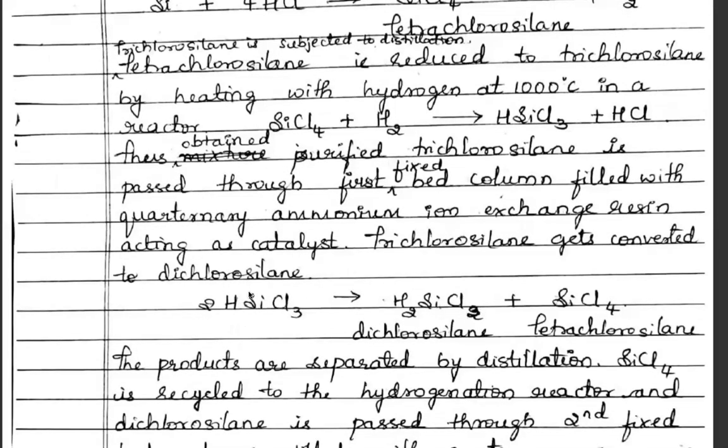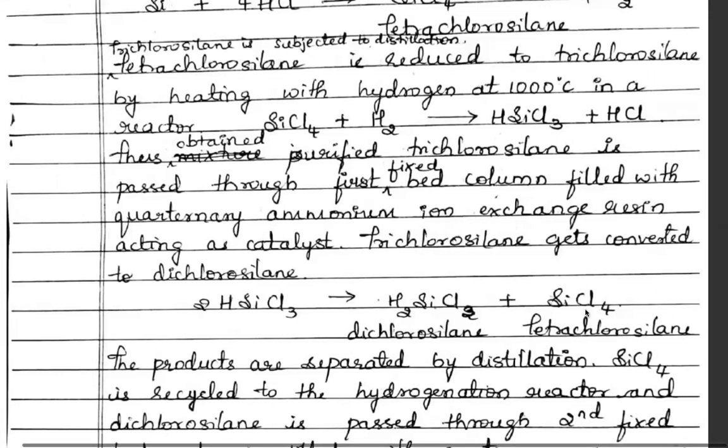So trichlorosilane is reduced to dichlorosilane in the presence of this catalyst in this fixed bed column. But here we again got one more product, tetrachlorosilane. This tetrachlorosilane, I will again convert to trichlorosilane, and again to dichlorosilane, so that it is not wasted and I can get silicon from this also.